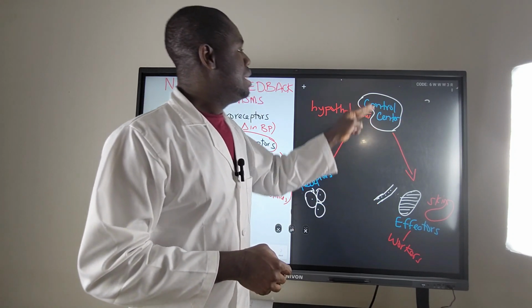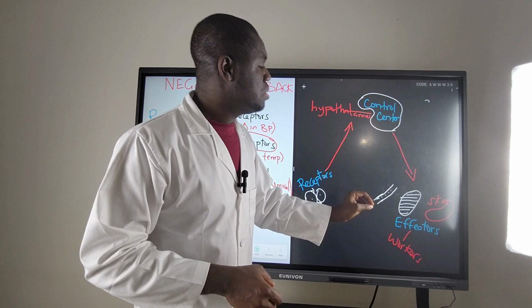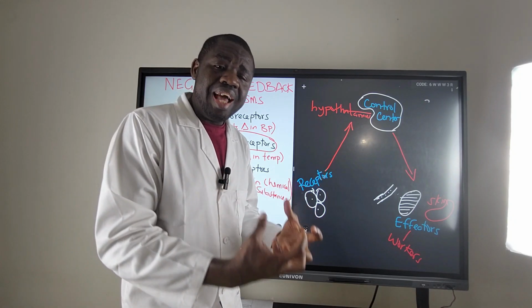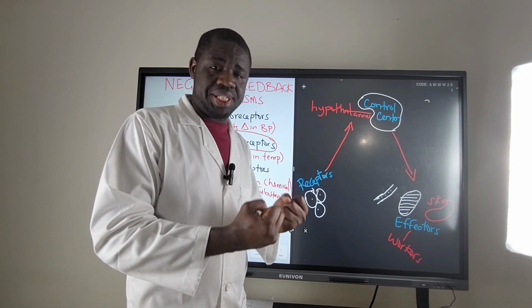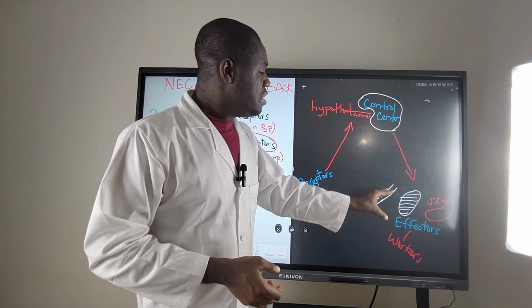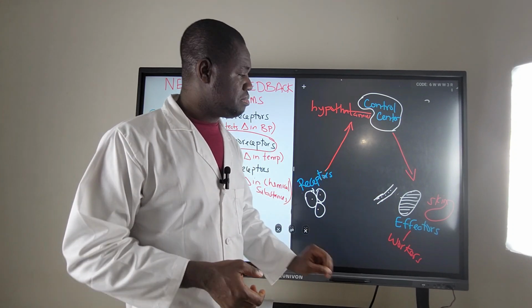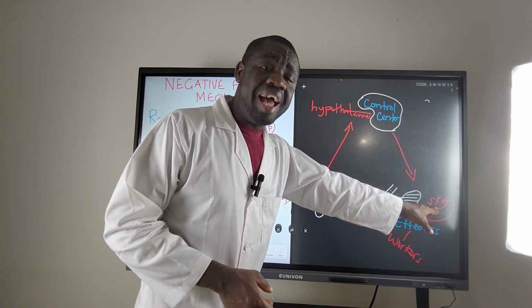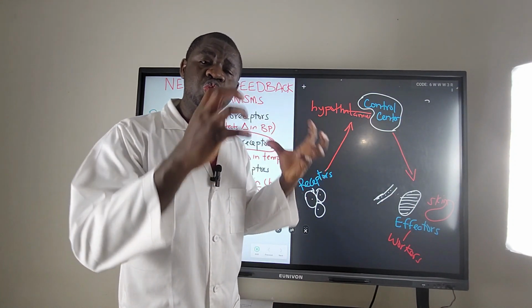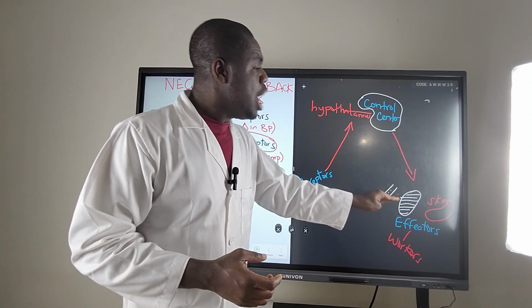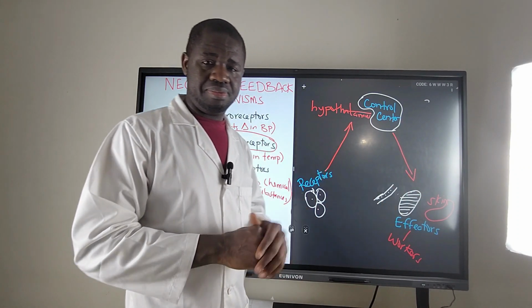Not only that, the hypothalamus will also instruct the skin to start producing sweat. The sweat glands will begin to produce sweat. The blood carries the heat to the surface of the skin. The sweat glands in the skin are producing sweat. So the heat now mixes with the sweat.